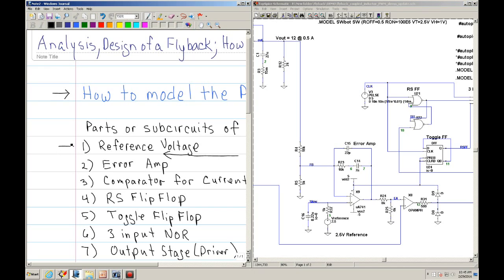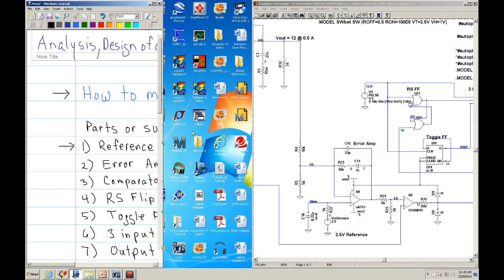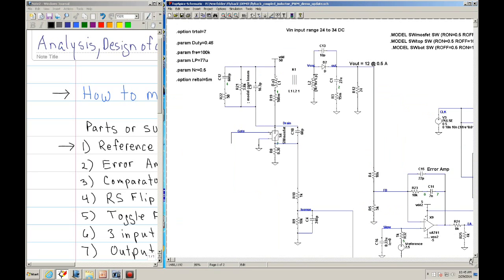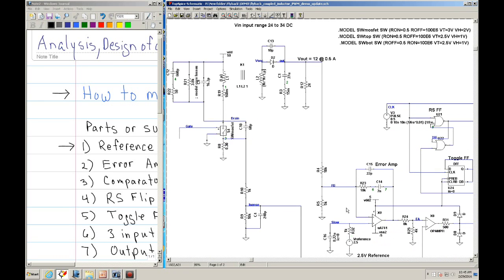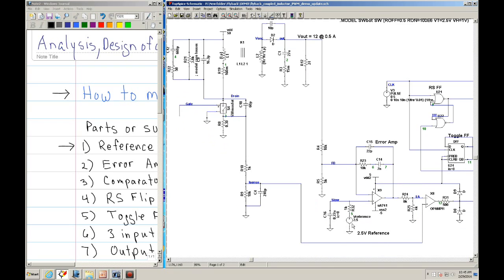Okay, so the reference voltage here is represented by this. This is my reference voltage.